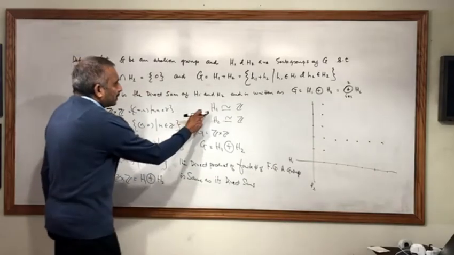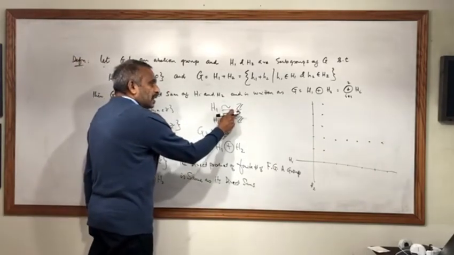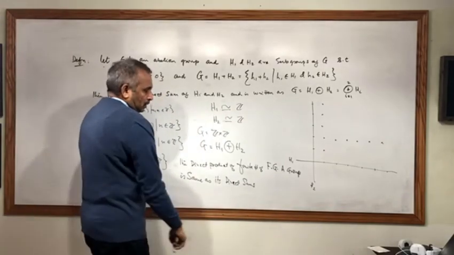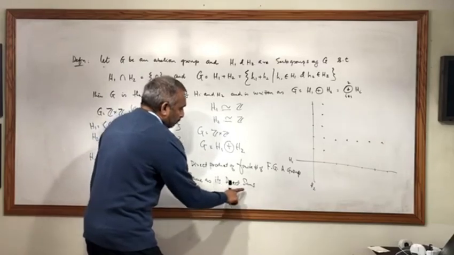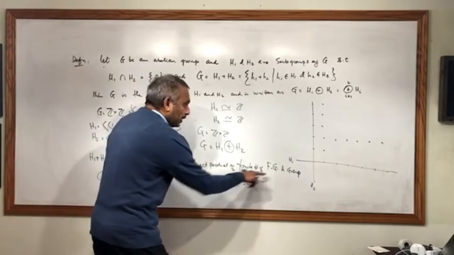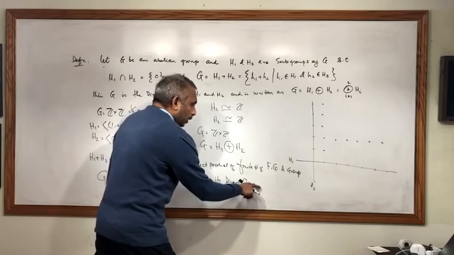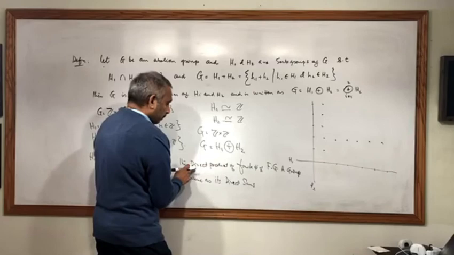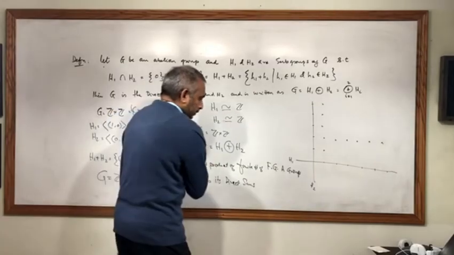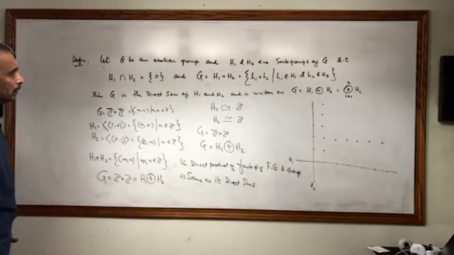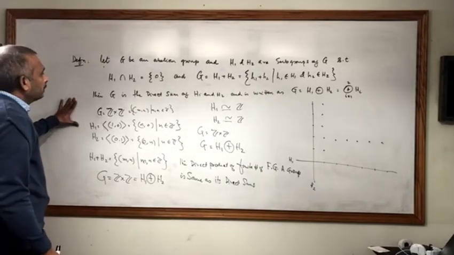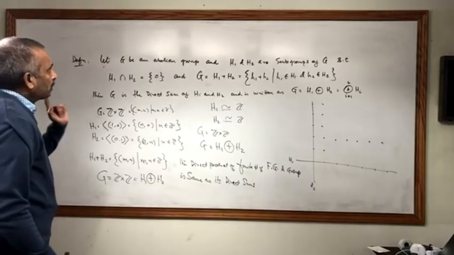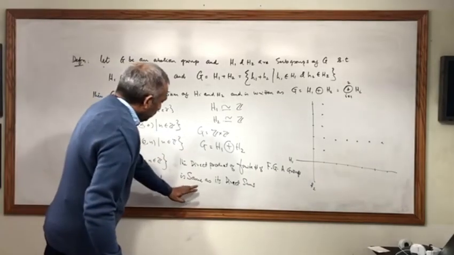See here, instead of saying H1, you can say Z, and instead of Z, you can say H1, because they are isomorphic. So you can say it is the same as the direct sum of the isomorphic groups of the groups involved in direct products. So this is a different way of looking at the direct products.